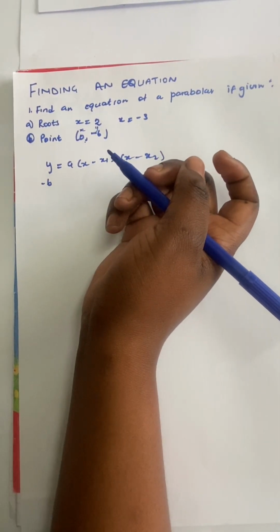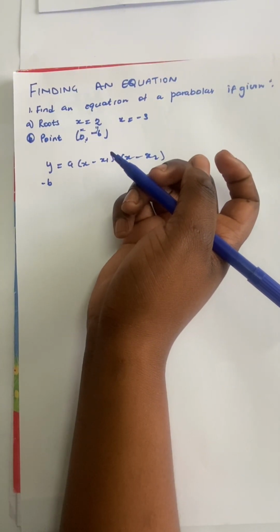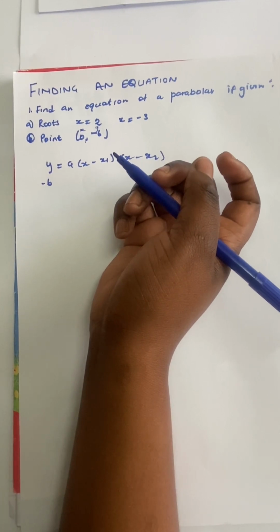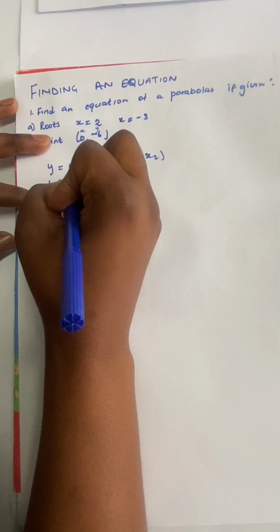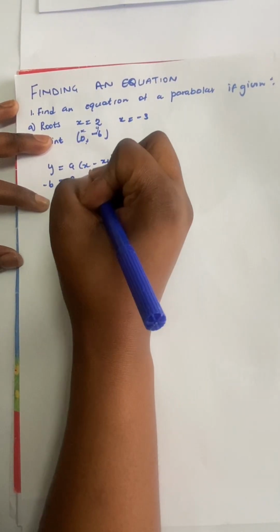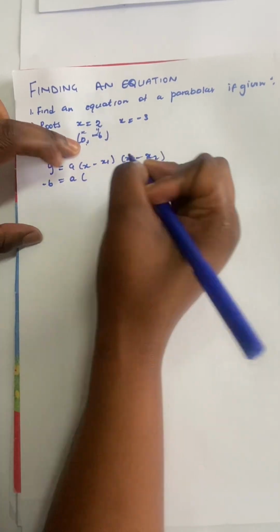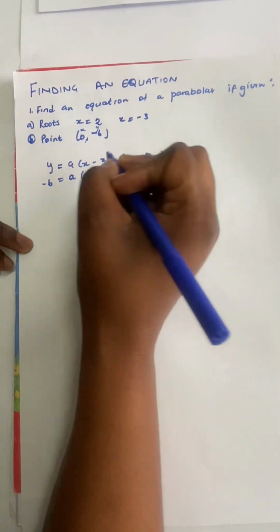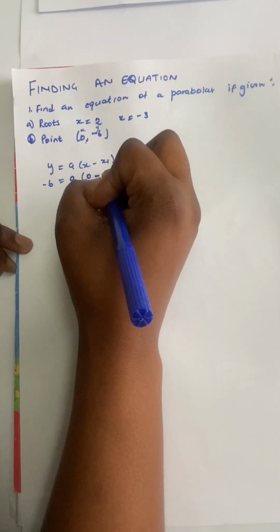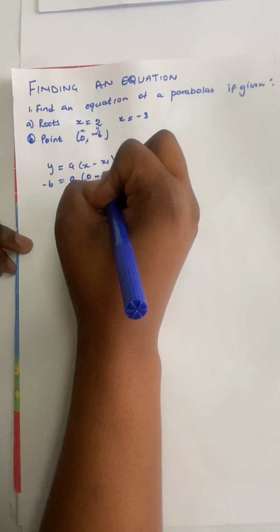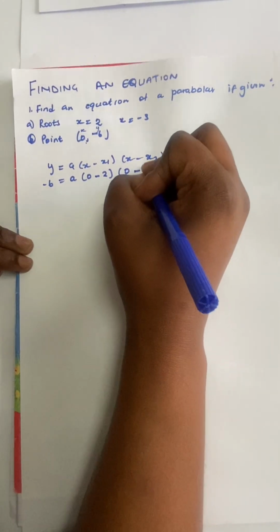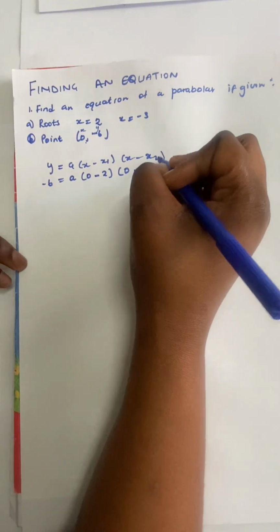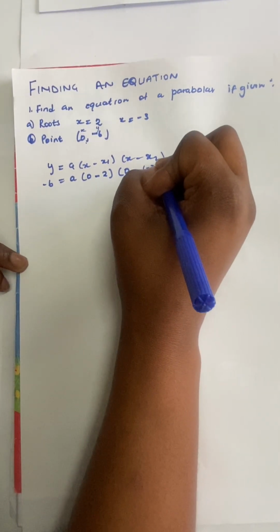We are trying to find the value of a. So whenever you are given roots and a point, always find the value of a first, and then everything is going to be easy for you after you have done that. So -6 is equal to a, because we're trying to find the value of a, and then we substitute the x here. Remember, I said that x1 and x2 are your roots, so it's going to be 0 minus the first root, which is 2, into 0 minus the other root, which is -3, so it's minus of -3.